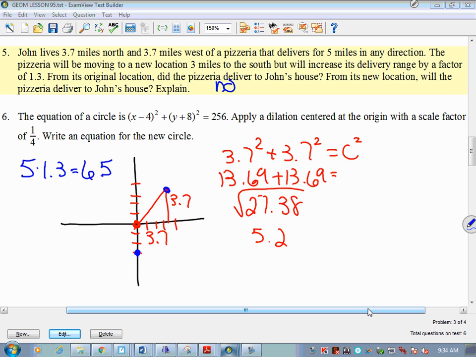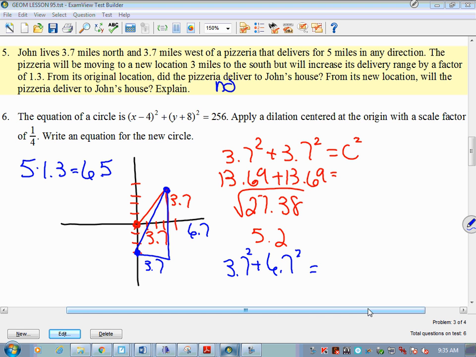So we could figure this out still using the Pythagorean theorem. He's still 3.7 miles this way, but now he is 6.7 miles north of them, right? So we can do 3.7 squared plus 6.7 squared. Find out what that comes out to.